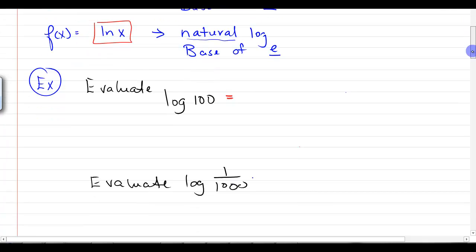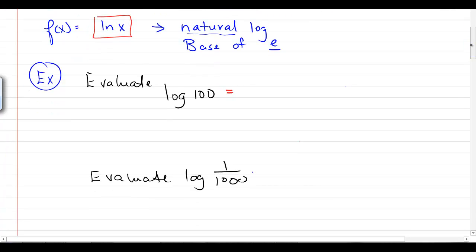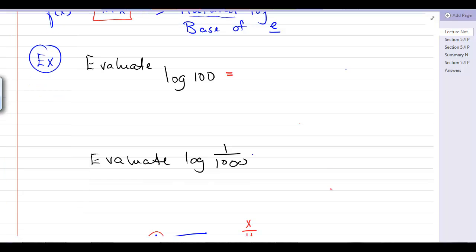So if we were evaluating log of 100, let me get my other pens. All right, so if I'm going to evaluate log of 100, that means 10, an understood 10, raised to what power gives me 100? And 10 squared gives you 100, so that evaluates to 2.